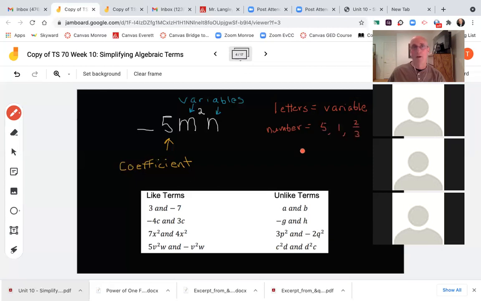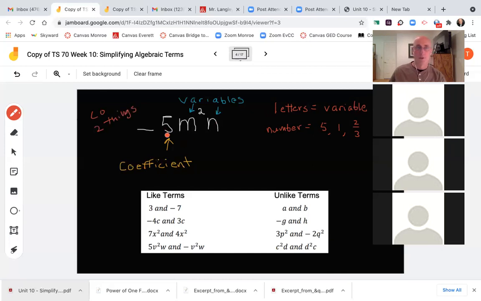It's the number. Now, when you put them all together like this, you see we have a variable of m, we have a variable of n. Those are variables, they're the letters. But you also see a 5 in front of it. Sometimes they'll call that the coefficient, co means two things oftentimes.